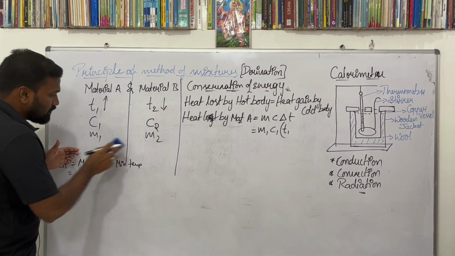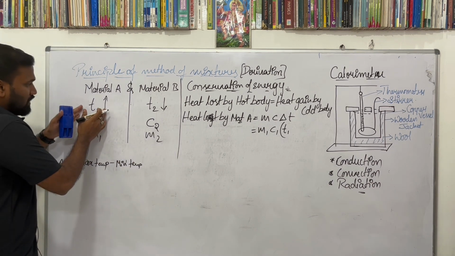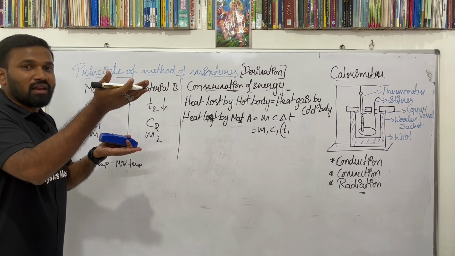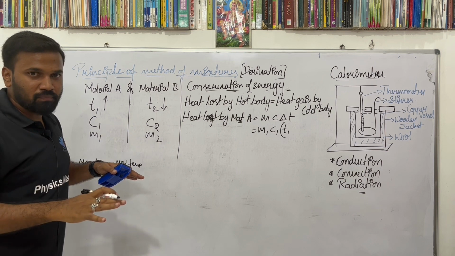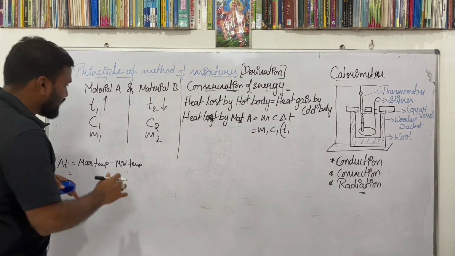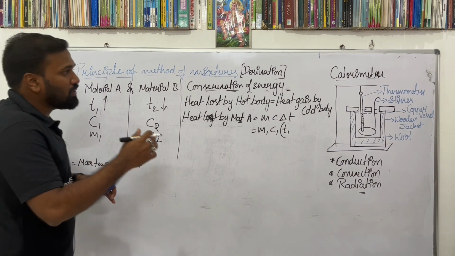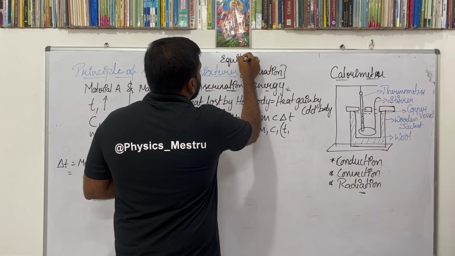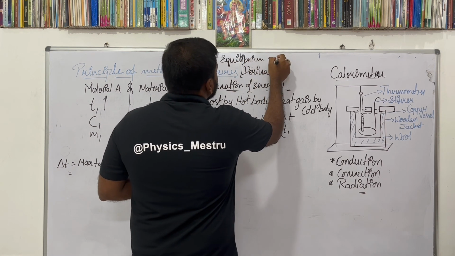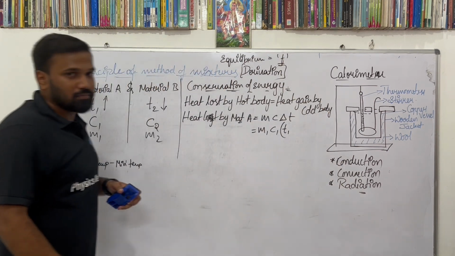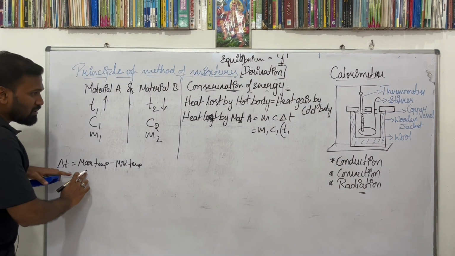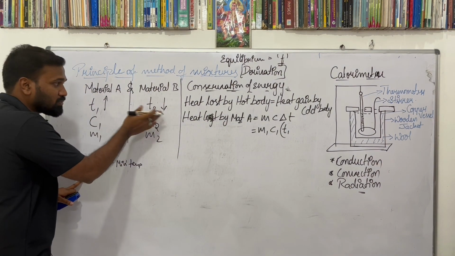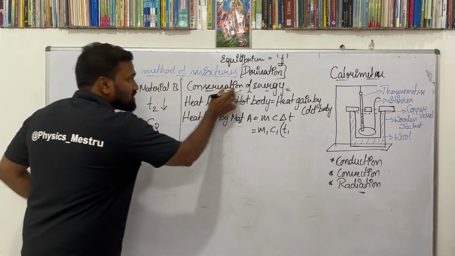After some time, temperature T1 will decrease and temperature T2 will increase, and they will attain some stage, the equilibrium temperature. Let us take it as T. Now the maximum temperature is T1; it will not attain T2, because when heat transfer takes place, T2 also rises according to conservation of energy.